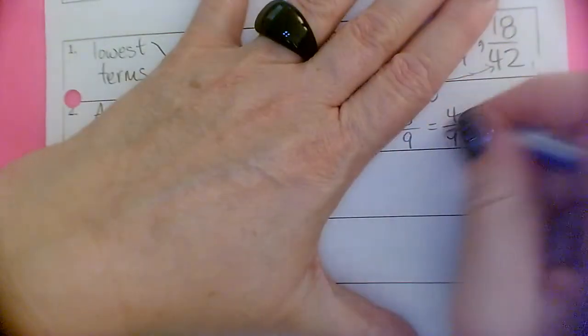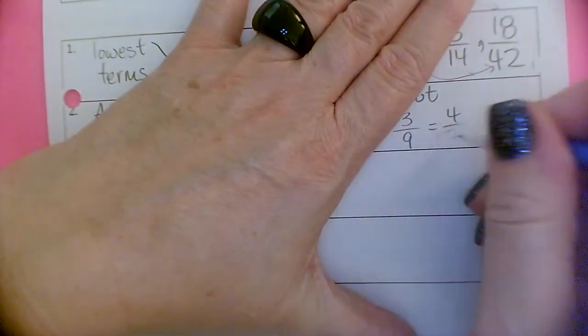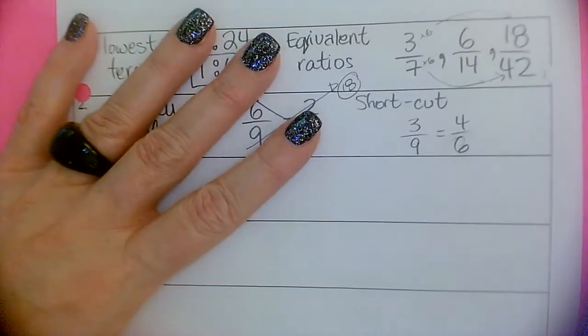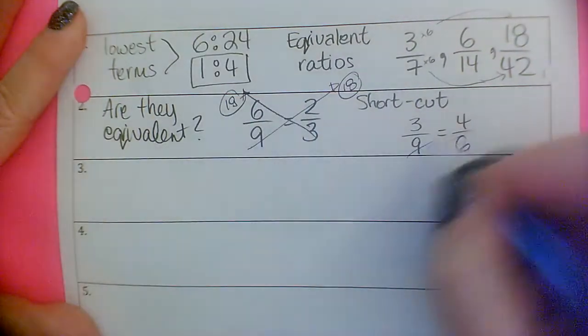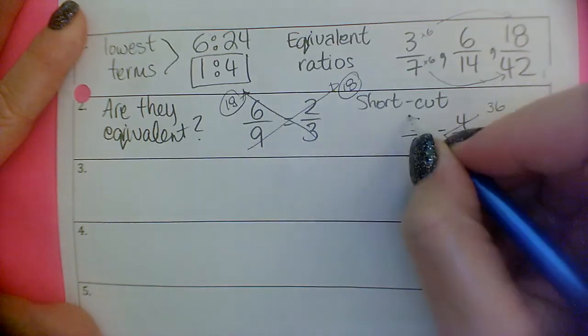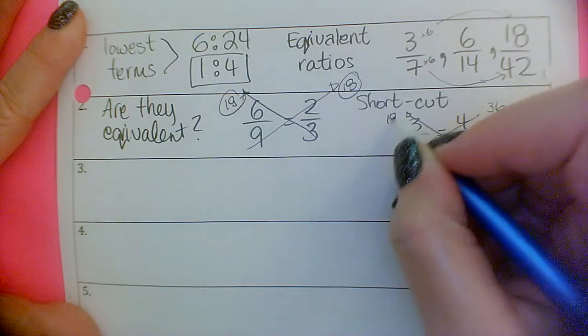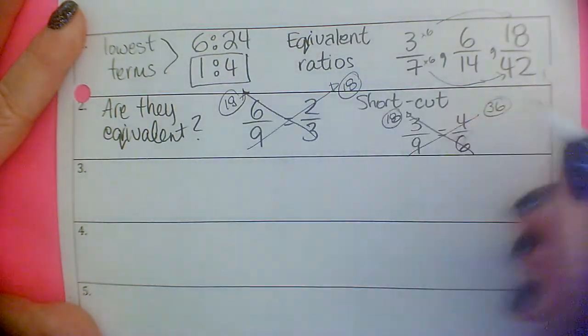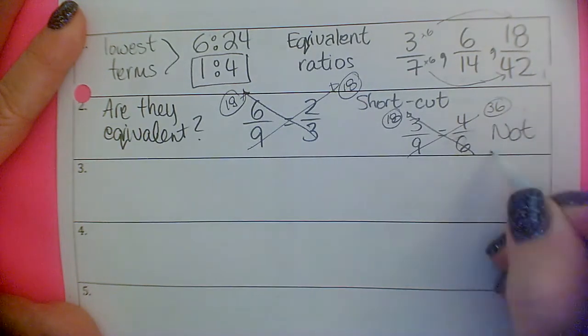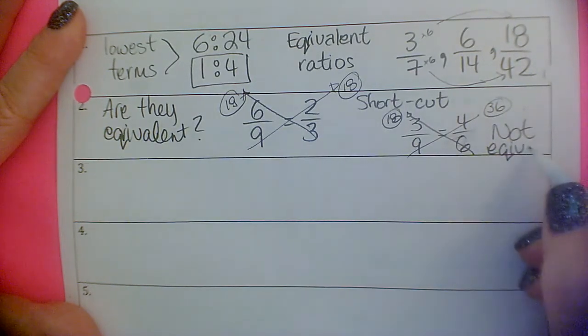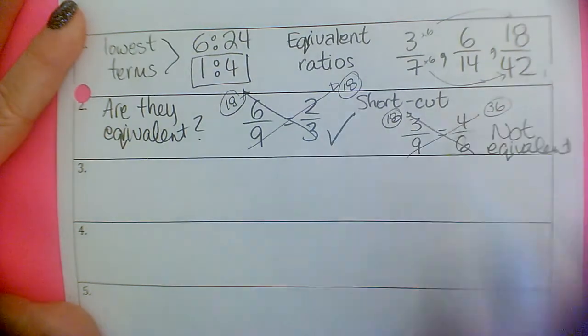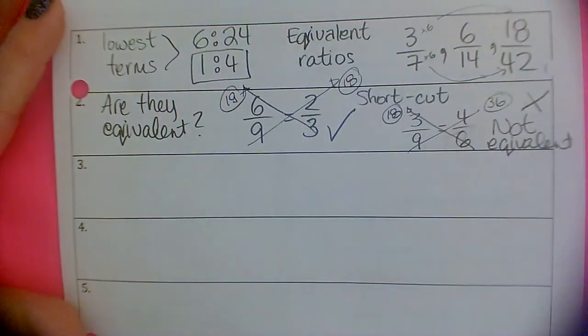No, let's go 4 out of 6. Right? If I do that diagonal, I get 36, and if I do this diagonal, I get 18. Totally different. So not equivalent. This one is a yes. That one would be a no.